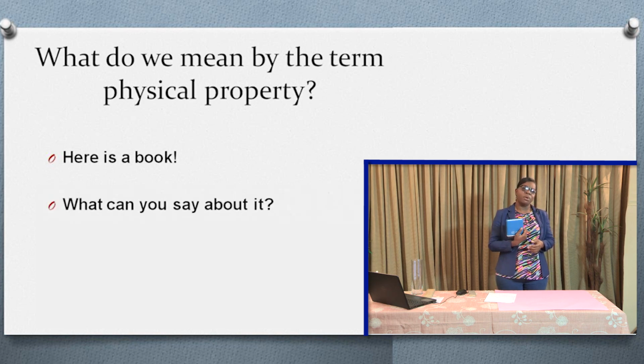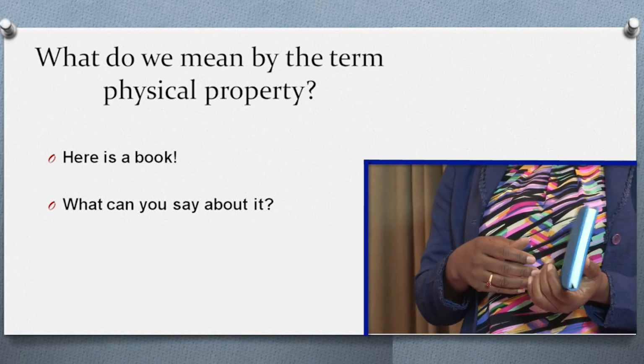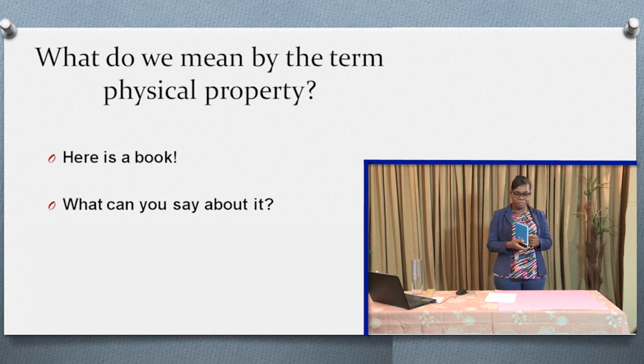What can we say about this book? If you have a book next to you, look at that book. What can you say about it? The book I have here is blue, white, and black in color. So it has 3 colors.